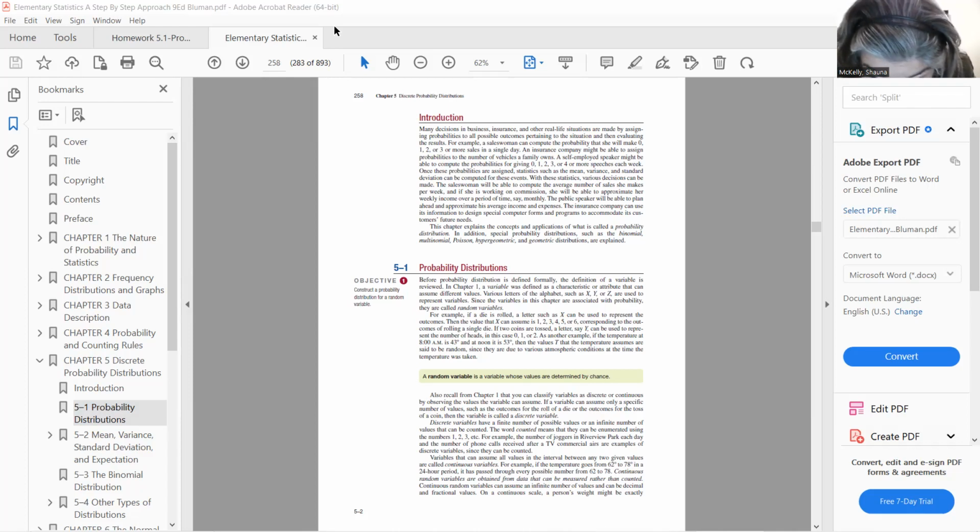homework assignment, let me find it again because I've got a lot of screens open here. Let me find the homework assignment. It asks us for... okay, here we go.